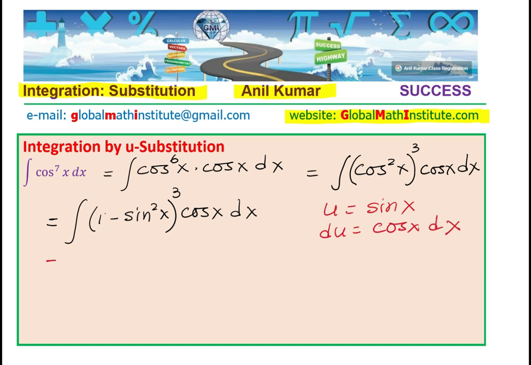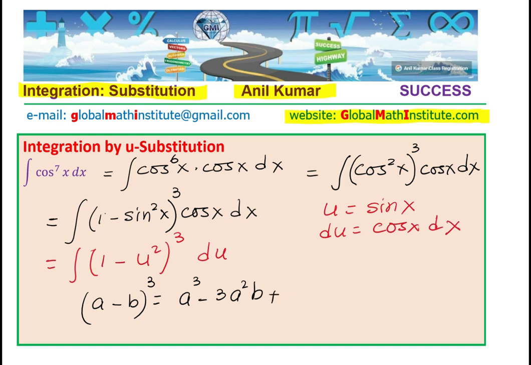So substituting, we get 1 minus u square whole cube du, right? Now this can be expanded. As you know the formula, what is a minus b whole cube equal to? It is a cube minus 3a square b plus 3ab square minus b cube. Apply this formula, expand, simplify, get your answer, correct?